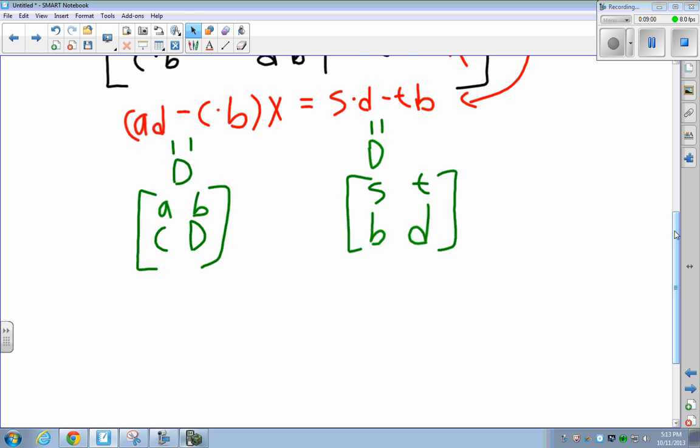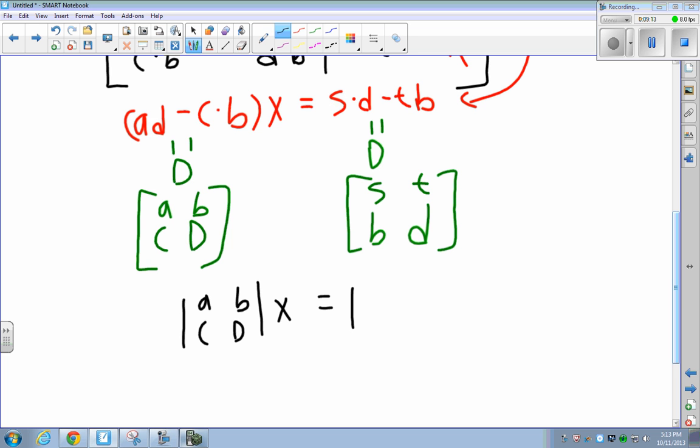So we can write it as determinant A, B, C, and D times x, which equals determinant of S, T, B, D.